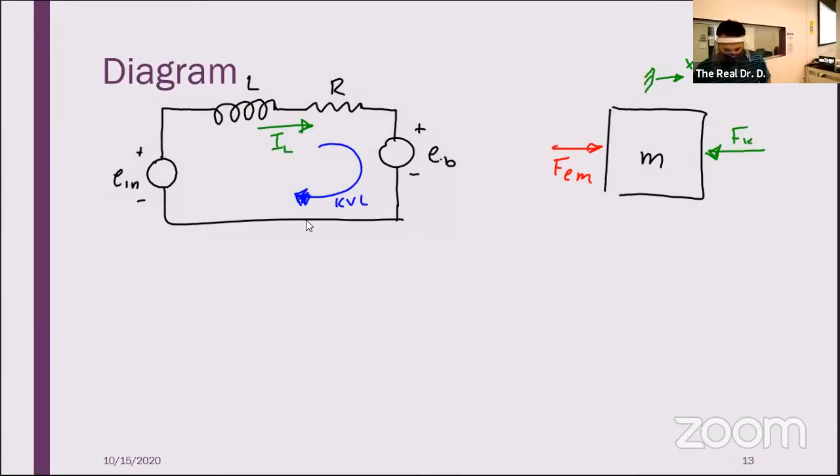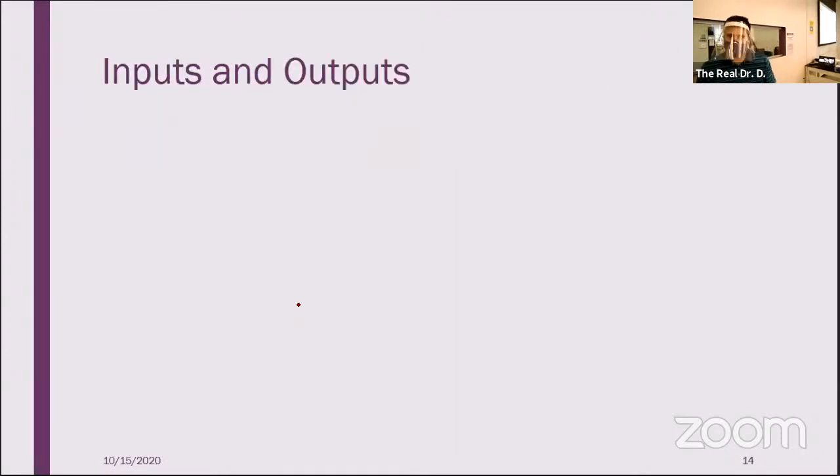So in terms of inputs and outputs, what do we have?